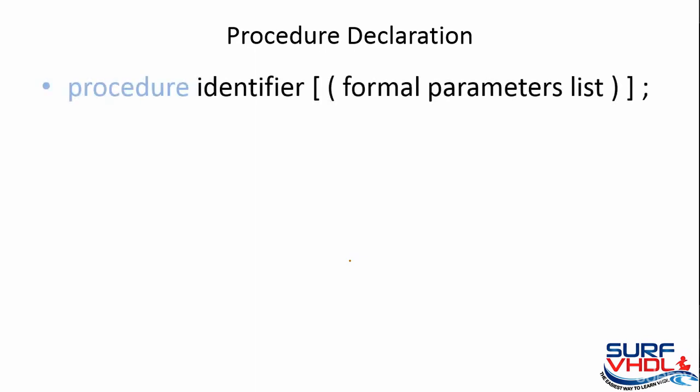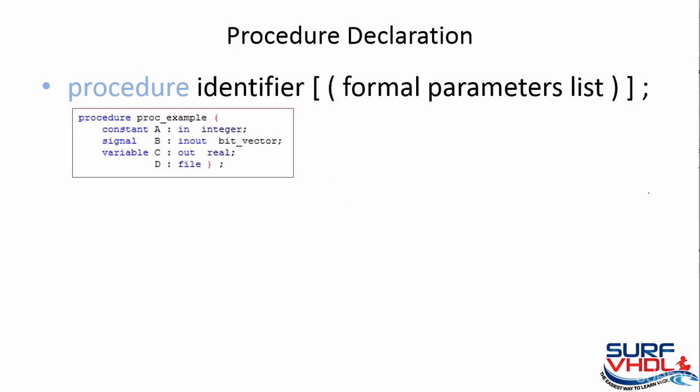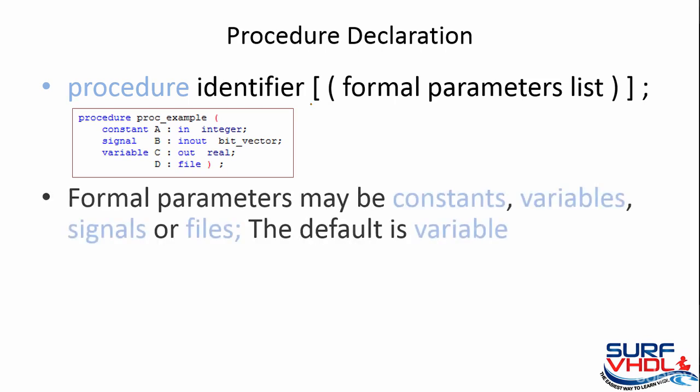The procedure declaration is used to declare the calling interface to a procedure: procedure identifier and formal parameter list. Procedure proc_example, constant A, signal B, variable C, and file D. Formal parameters are separated by semicolon in the formal parameters list.